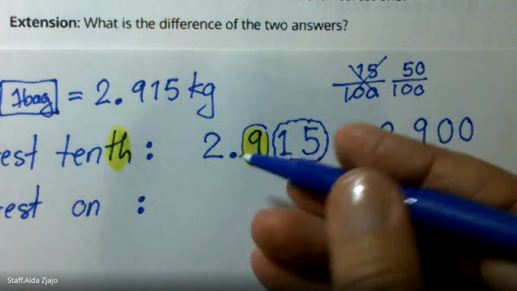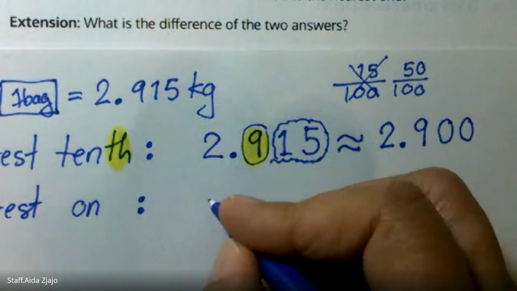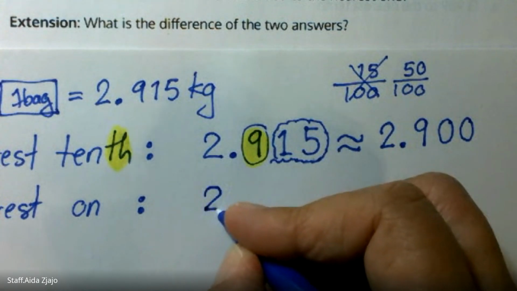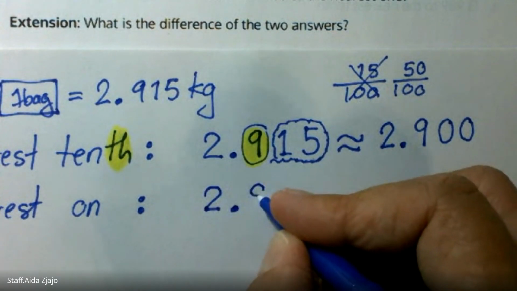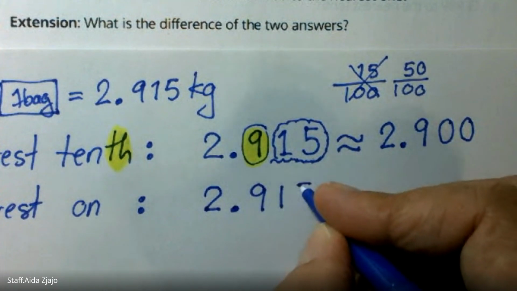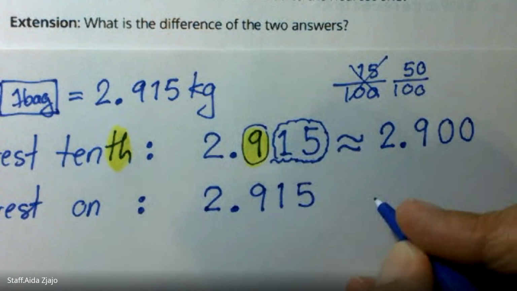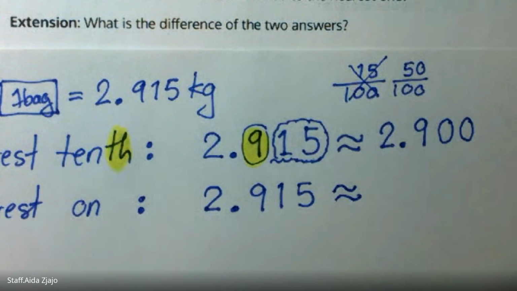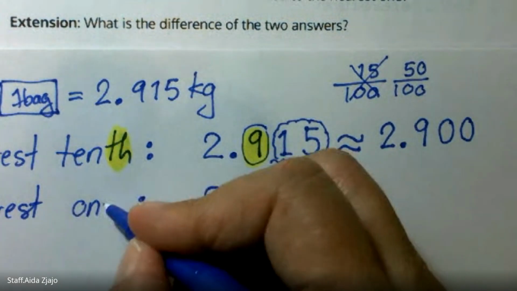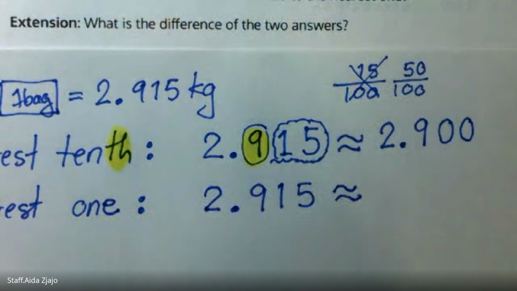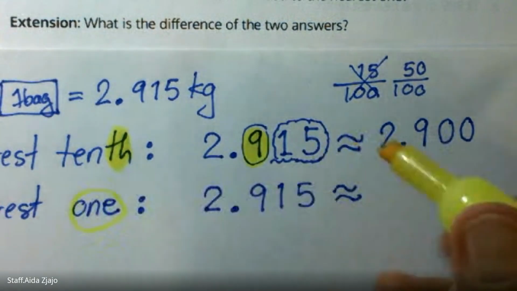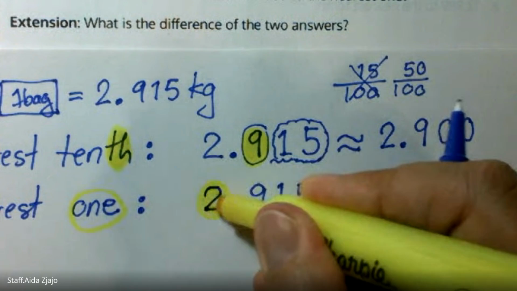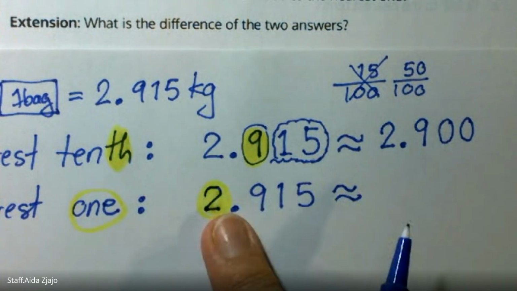Now, if you take the same number, 2 and 915 thousandths, and round to the nearest one, these are ones.